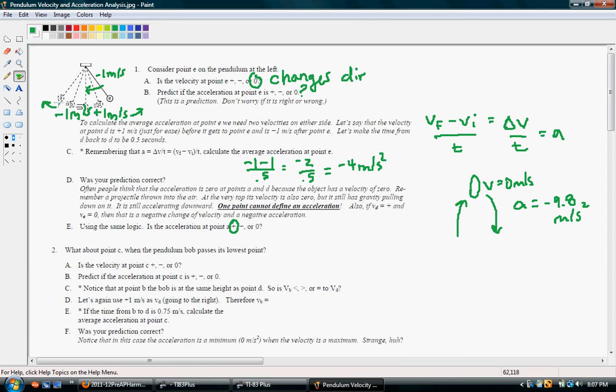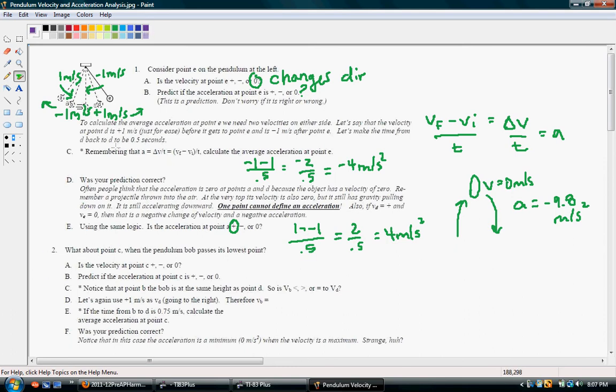Or in other words, if it's moving to the left at negative 1 meter per second at B, it's going to be 0 at A, turn around, and be positive 1 meter per second at B. So your final minus initial this time will look like final of 1 minus your initial of negative 1 over 0.5, which is actually 2 over 0.5, or 4 meters per second squared. So again, our velocity might be 0 at either end, but we have an acceleration.